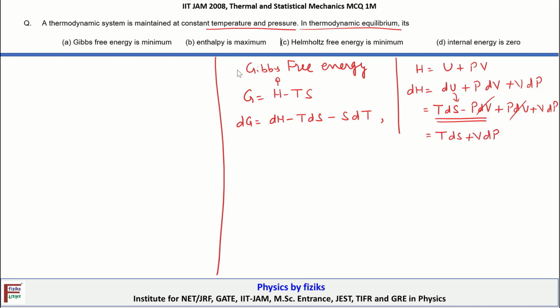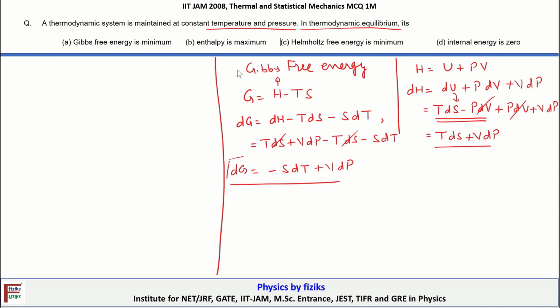So this PdV will cancel with this, so dH is equal to TdS plus VdP. So we will make the substitution for dH here, so that is equal to TdS plus VdP minus TdS minus SdT. So TdS and TdS, they will cancel with each other, so we are left with dG, that is equal to minus SdT plus VdP. So that's the change in free energy.